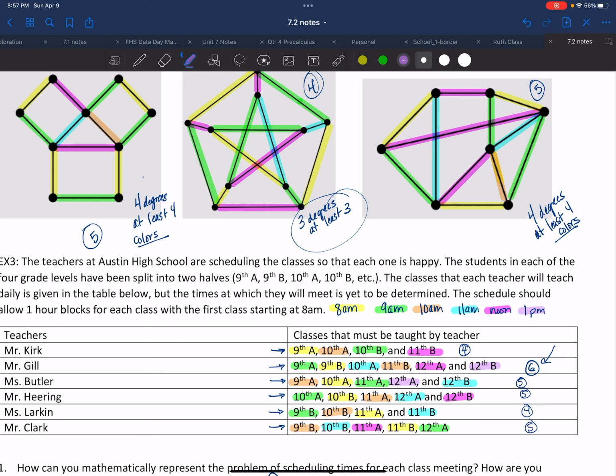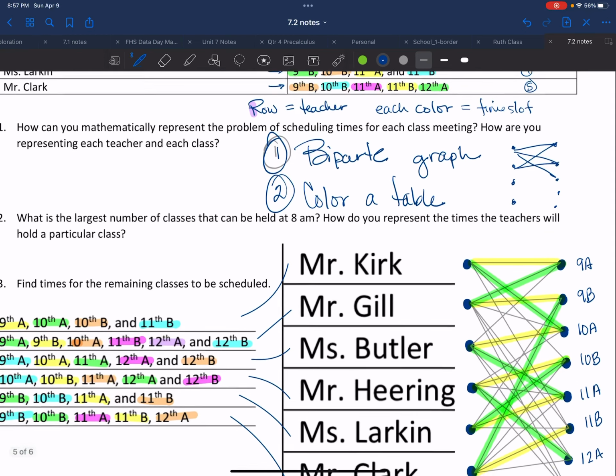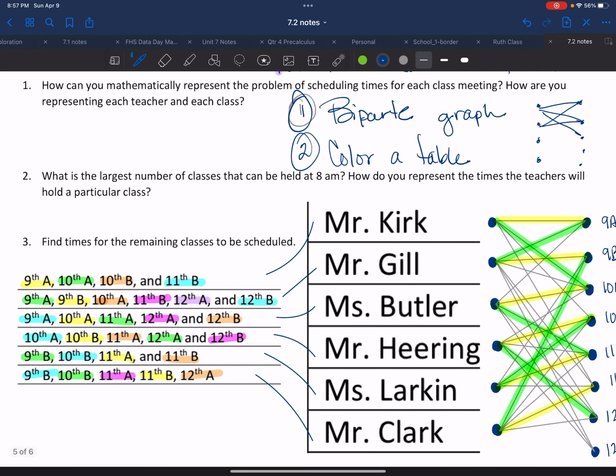So each row equals the teacher. And then each color is a time slot.